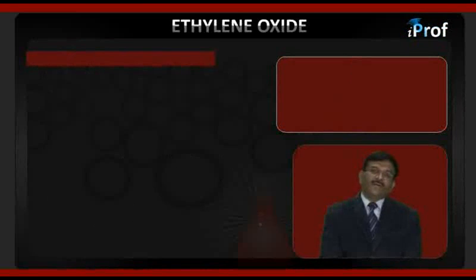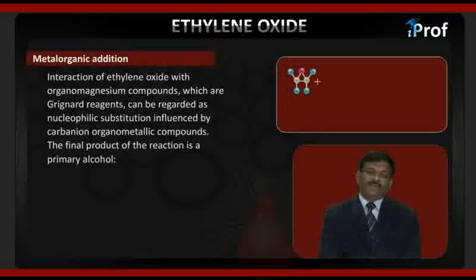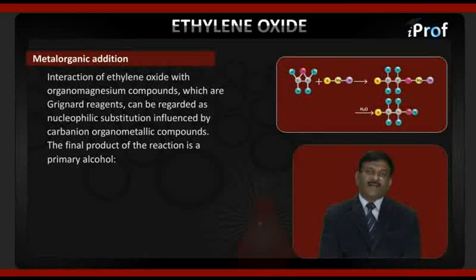Now the next, addition of organometallics. Reaction of ethylene oxide with organometallic compounds, which are the Grignard reagents, can be regarded as the nucleophilic substitution influenced by the carbanion.